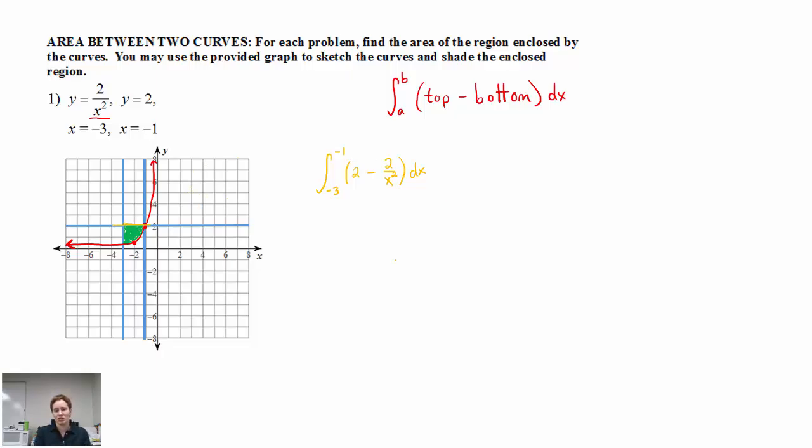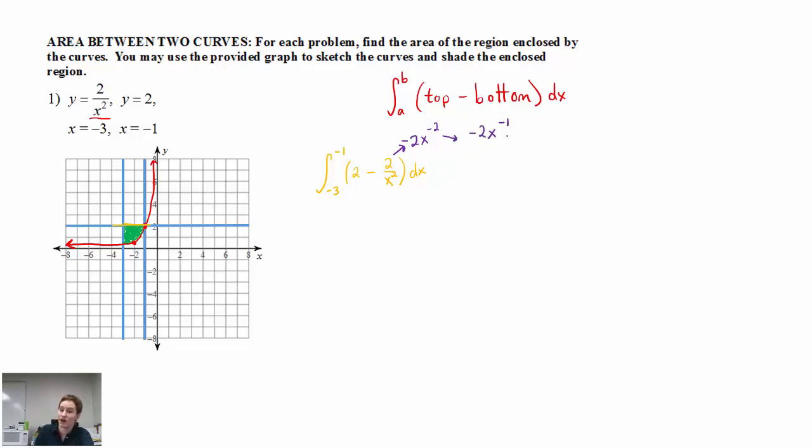So we want to integrate this, and both of these things require us to use the power rule. And since we're going to use the power rule, this 2 over x squared we really want to think of as 2x to the -2, or even -2x to the -2 since we're subtracting. And so when I add a power and divide, I get -2x to the -1.